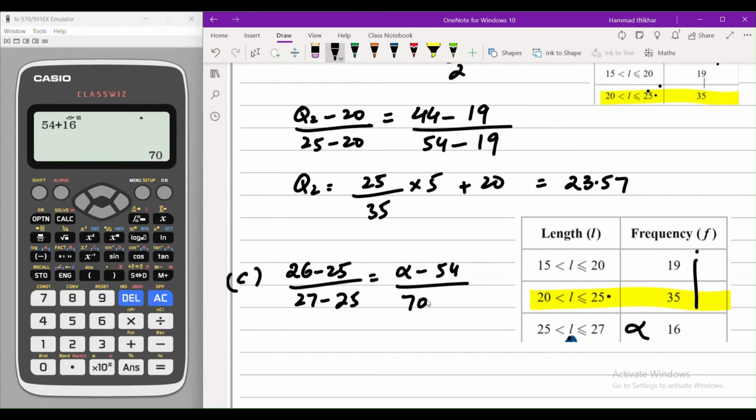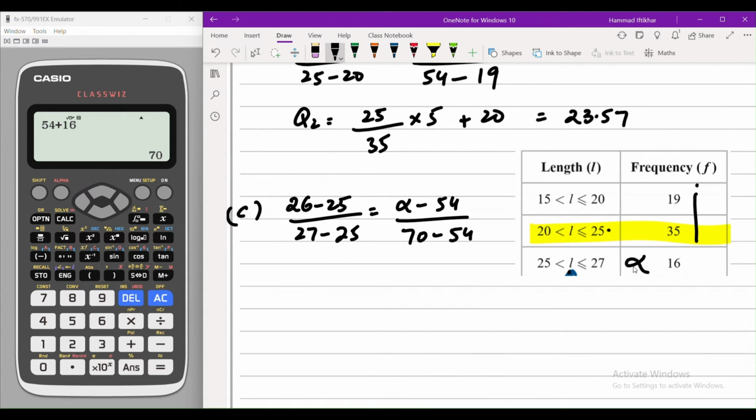70 minus 54. So this will only tell us how much farther we have to go. Actually, this would be 8 roughly, but we just want to be sure. So 26 minus 25 divided by 27 minus 25 times by 70 minus 54, and as you can see 8 plus 54, that is 62.